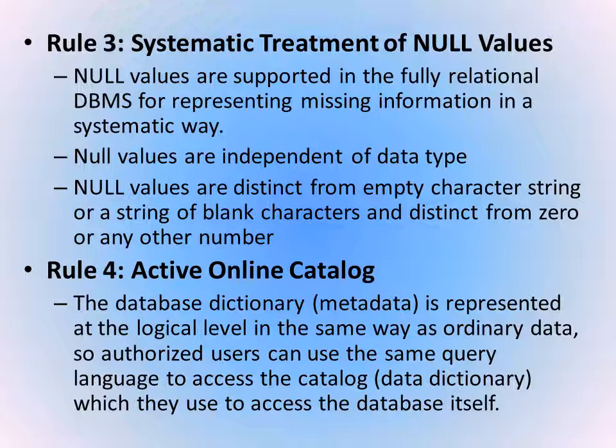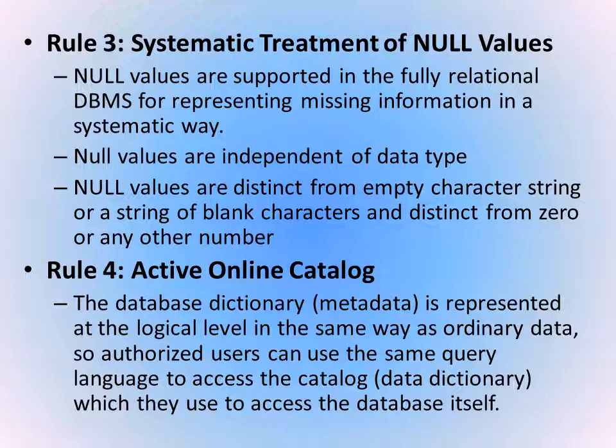This null should be used irrespective of the data type used for that cell. That means null can be used for any data type, whether it is character, date, numeric, time, any data type. That is, null has no data type.